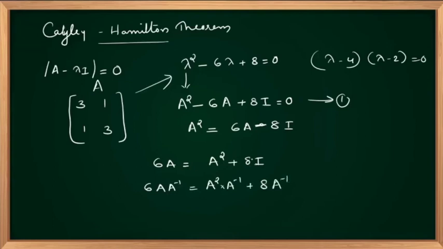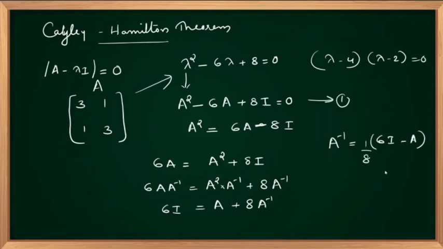A into A inverse is I, so I write 6I equal to A square into A inverse, which is A, plus 8 times A inverse. So I can write A inverse is equal to (6I minus A) whole divided by 8, correct?